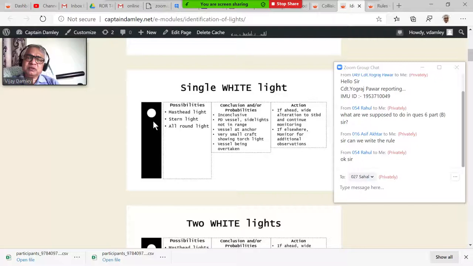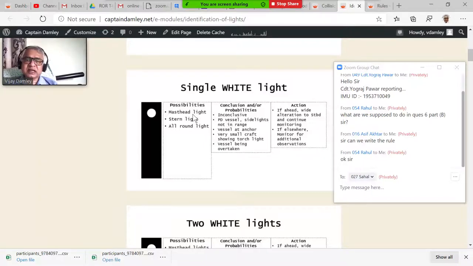So what are the possibilities? It can be a masthead light, because masthead light has longer range and side lights are still not visible. So it is possible it is a masthead light. One possibility is a ship of 50 meters or less, that means she will carry only one masthead light. Fine. It is possible it may be the stern light. Why?